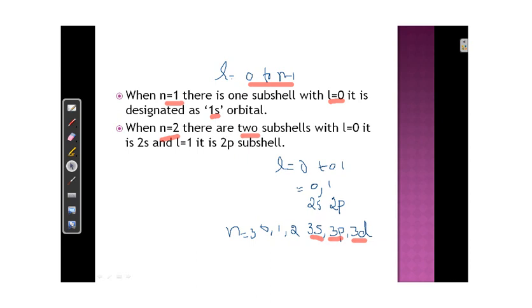Therefore, the two subshells when n is equal to 2 are 2s and 2p. And when n is equal to 3, we have l values 0 to 3 minus 1, that is 2. Therefore, l is equal to 0, 1 and 2. These are the three values for l in the case of n is equal to 3. Therefore, the subshells are 3s, 3p and 3d.